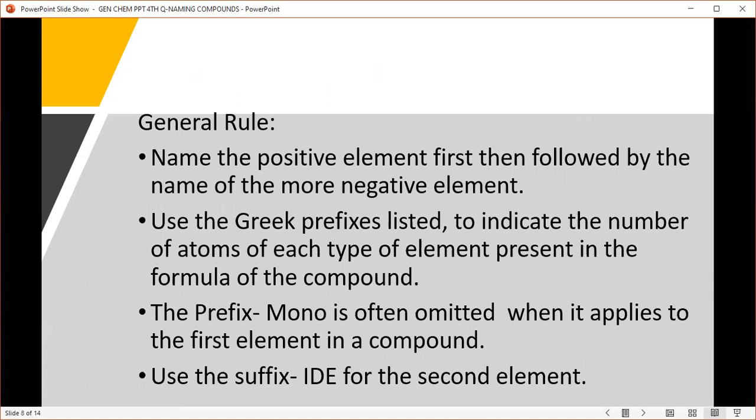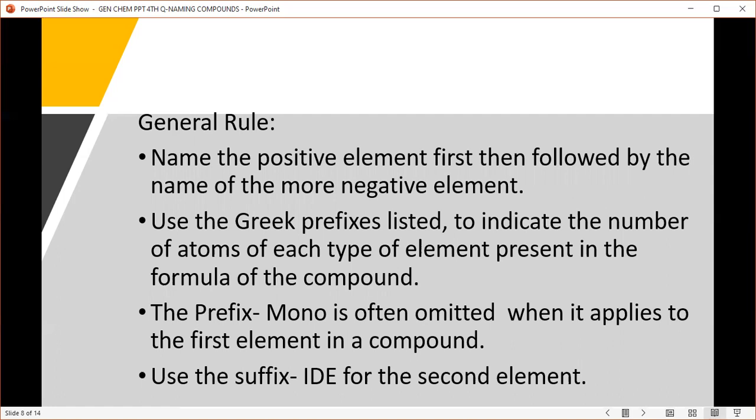In our covalent compounds, we have what we call polar covalent bond, wherein one of the non-metals will become partially positive while the other will become partially negative. So this is what happens, especially in this specific type of naming. Okay, but it also happens in non-polar covalent bonded compounds.